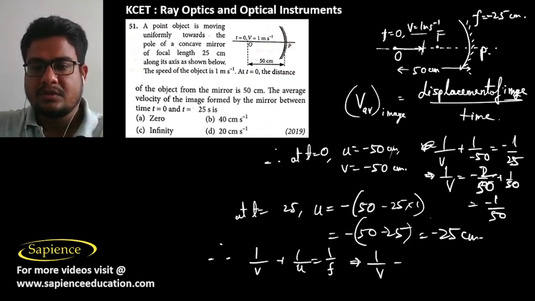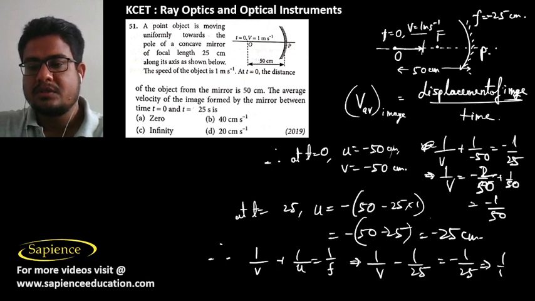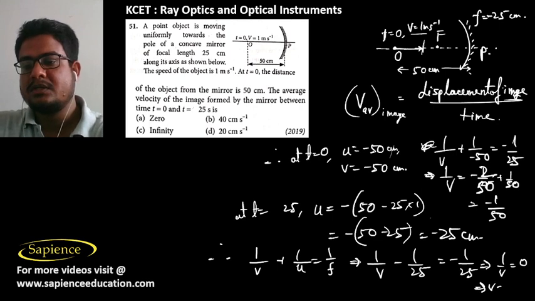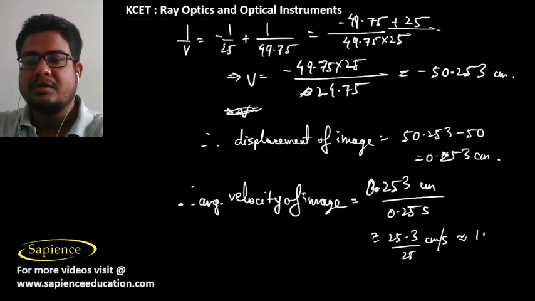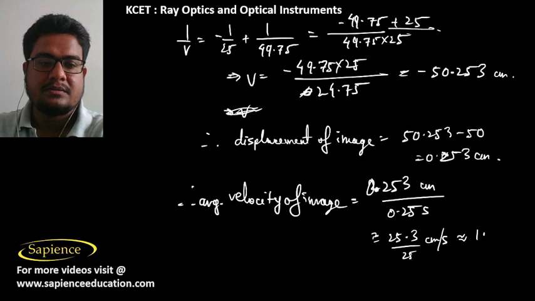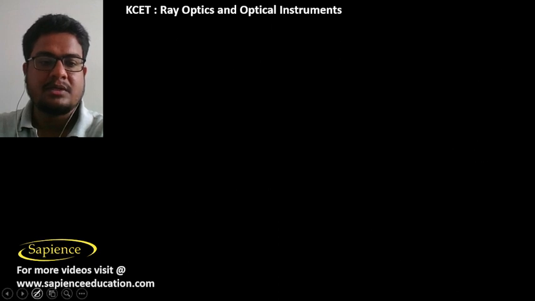Therefore, 1 by v minus 1 by 25 is equal to minus 1 by 25. So 1 by v is equal to 0. That means v is infinity. It means the image is formed at infinity.